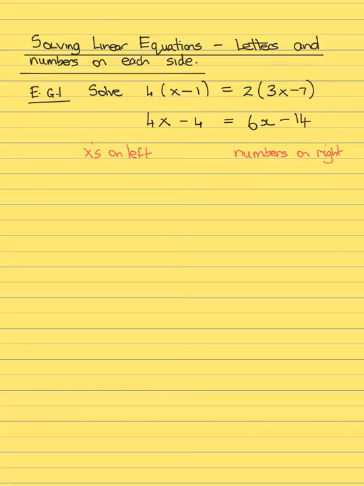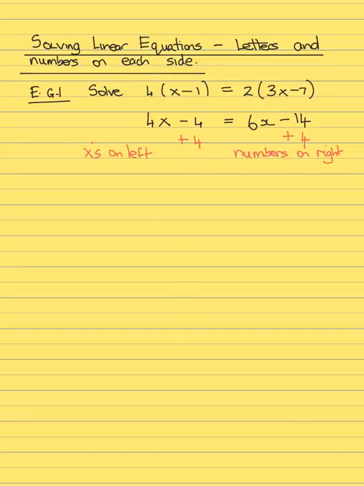In order to do this, we will have to look at the left-hand side and see that we have the x's, they're okay, but we don't want this minus 4. We don't want any numbers on the left. So we want to get rid of this minus 4. In order to get rid of minus 4, we add on 4. So we have plus 4. But if we add 4 onto the left, we must add 4 onto the right.